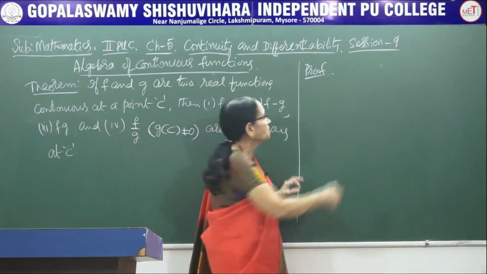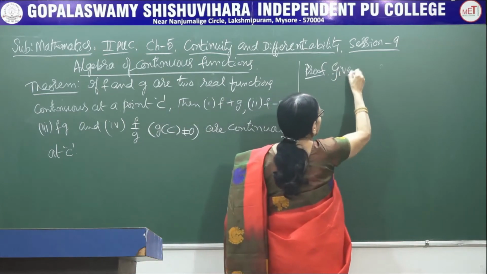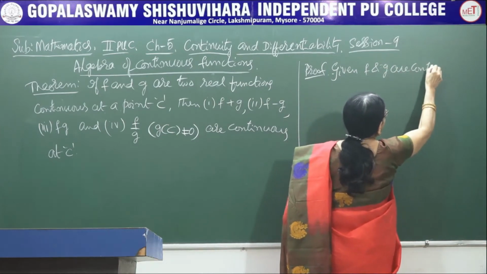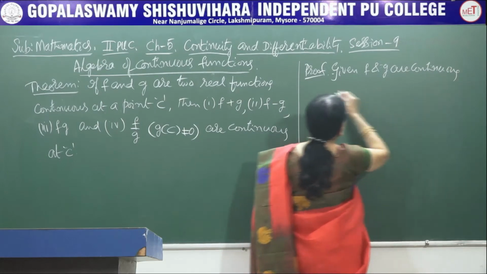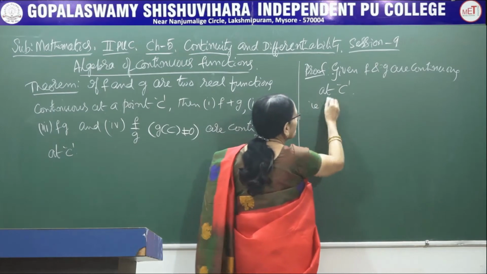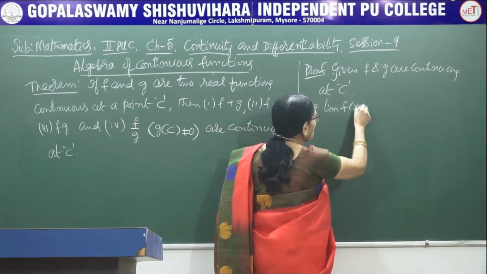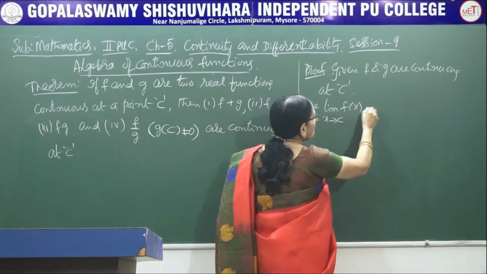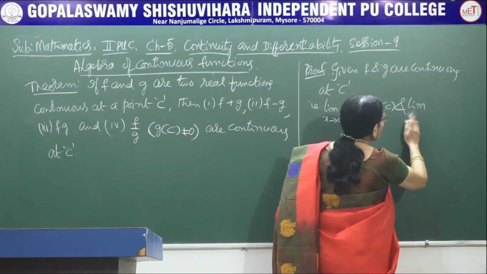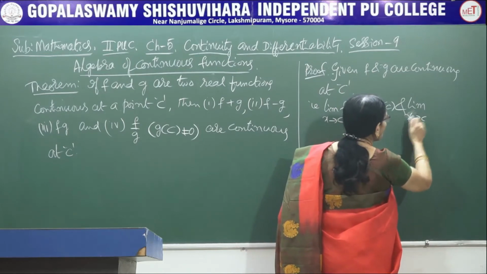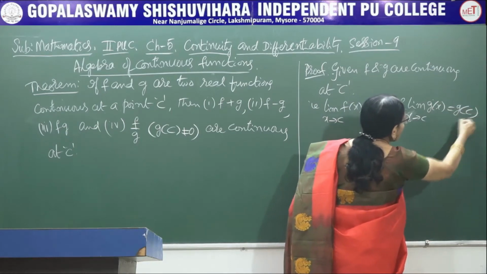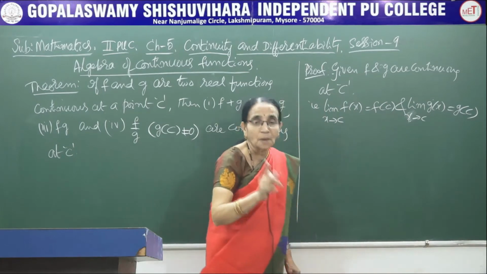First you have to write like this, given f and g are continuous at c, that is limit of f(x) as x tends to c is equal to f of c and limit as x tends to c of g(x) is equal to g of c. Of course, the same point you have to take.